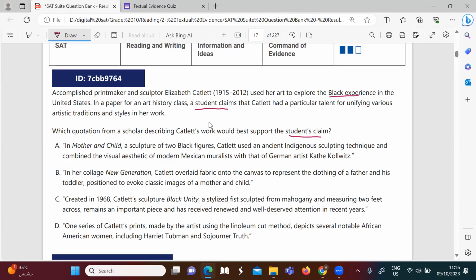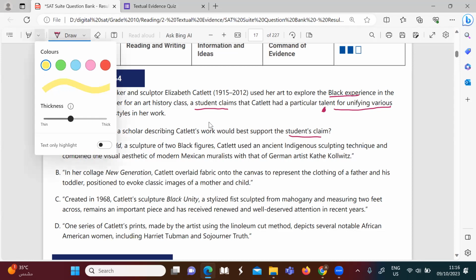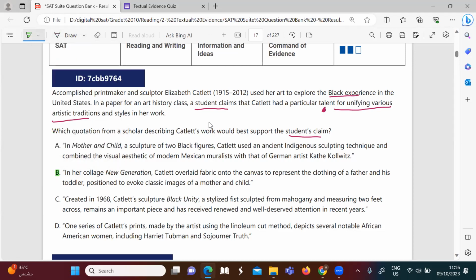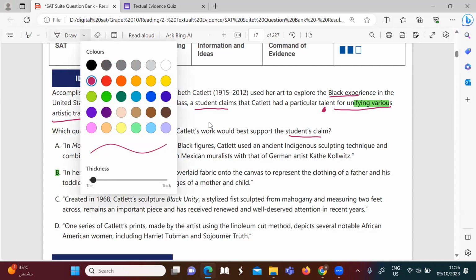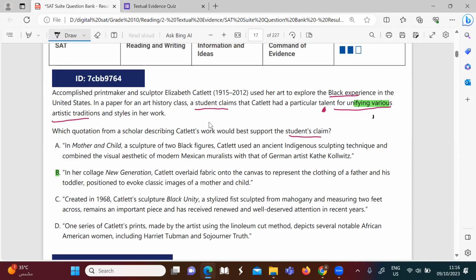The student claims that Catlett had a particular talent for unifying various traditions in her art. Unifying. This is the key word. Unifying many artistic traditions.